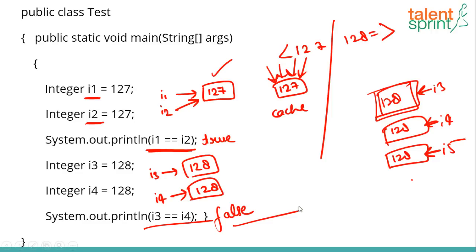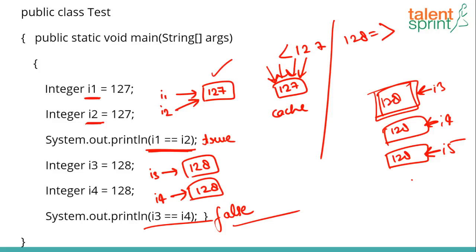Alright, the simple funda is that this caching principle was introduced in Java 5. Before the Java 5 version it was not there. So this caching principle caches the values only till 127. So till 127 it will remain true, beyond 127 it will become false.